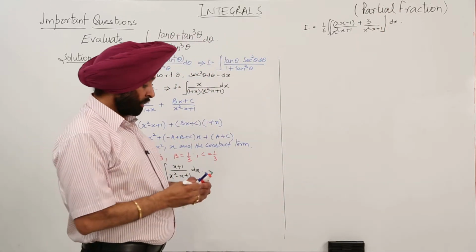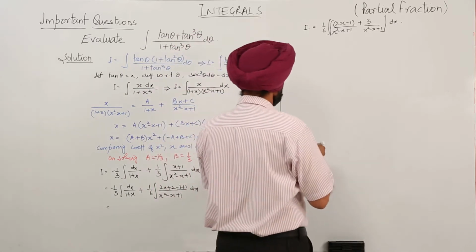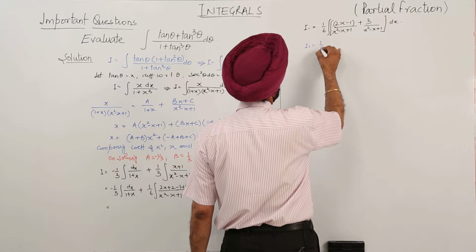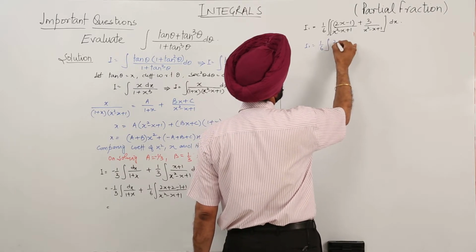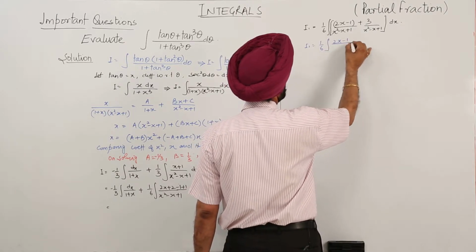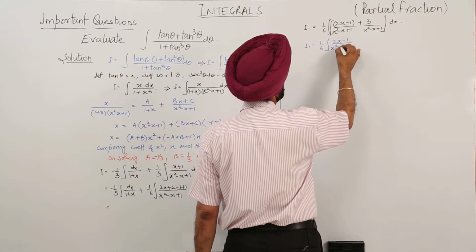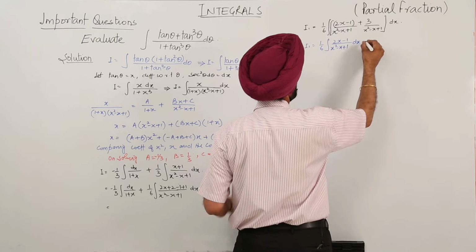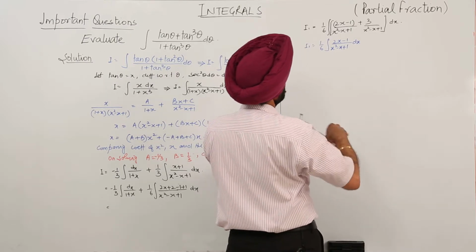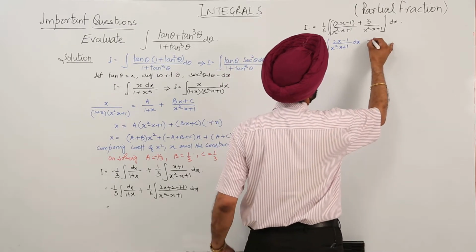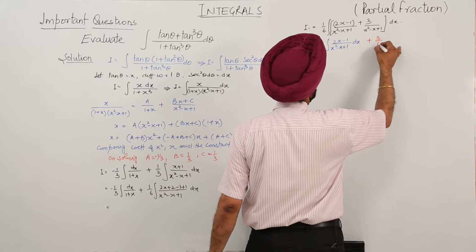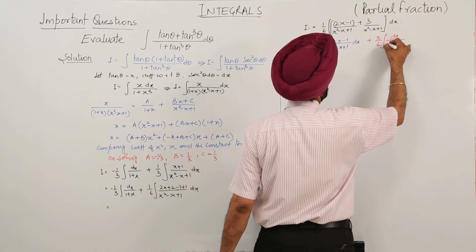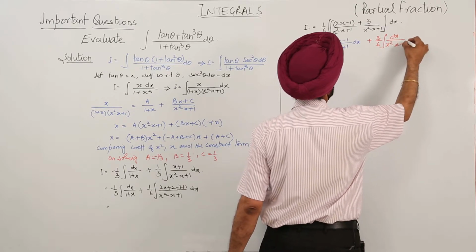Is it clear? Now 1 by 6 integration of (2x minus 1) upon x square minus x plus 1 dx plus 3 by 6 integration of dx upon x square minus x plus 1.